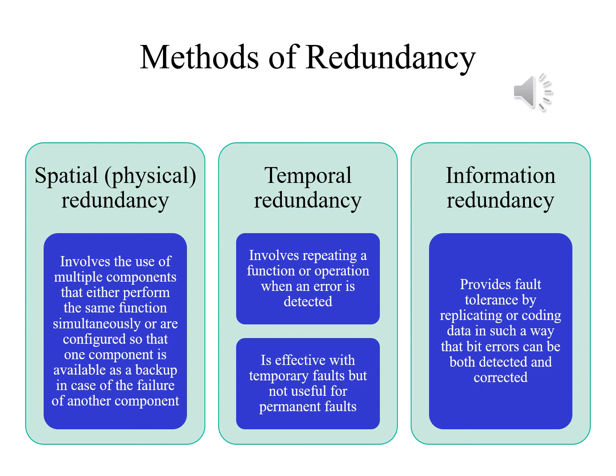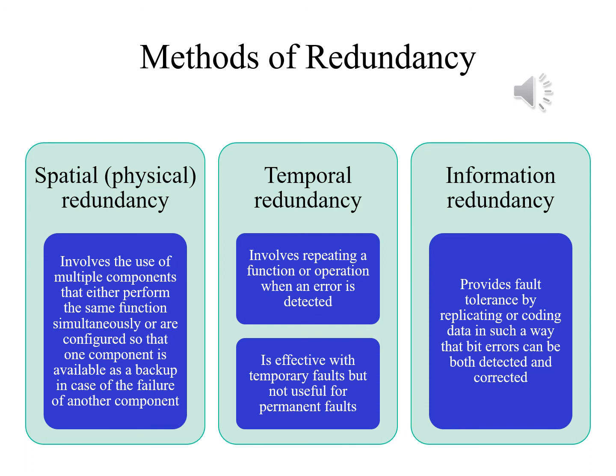An example of the former is the use of multiple parallel circuitry with the majority result produced as output. An example of the latter is a backup name server on the internet.